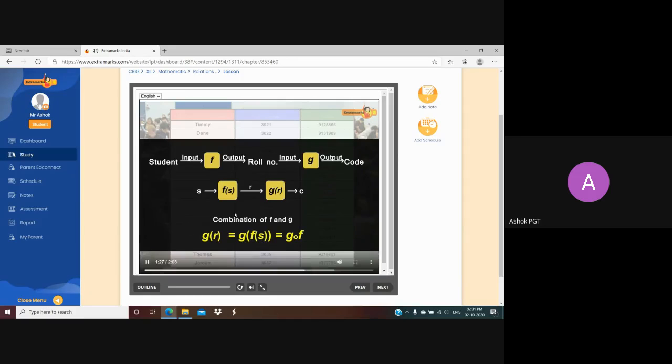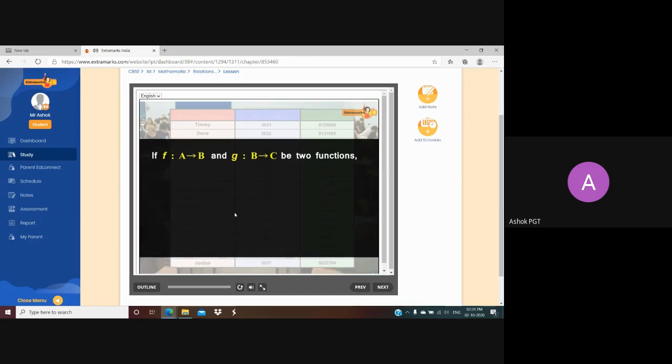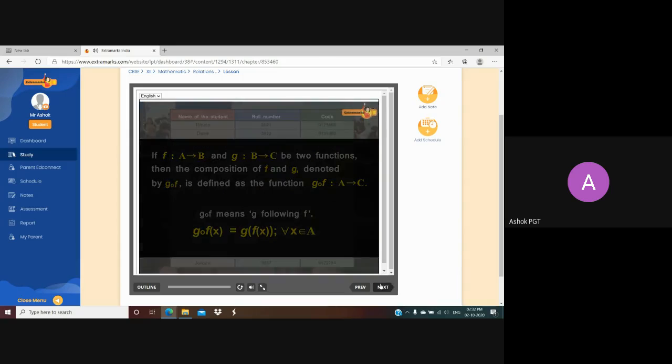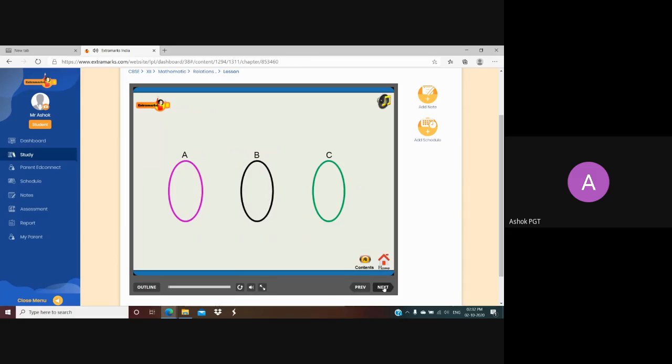This leads to the following definition. If f such that set A is mapped to set B and g such that set B is mapped to set C be two functions, then the composition of f and g, denoted by g of f, is defined as the function g of f such that set A is mapped to set C. G of f means g following f, and g of f of x is equal to g of f of x for all x belonging to set A. Let A, B, and C be three sets, shown as follows.